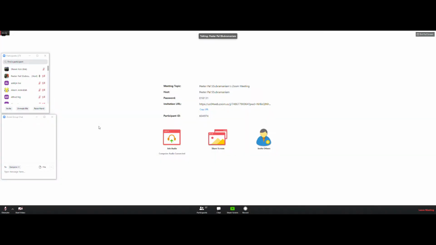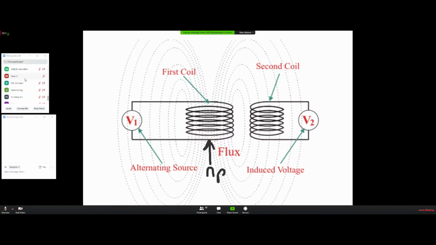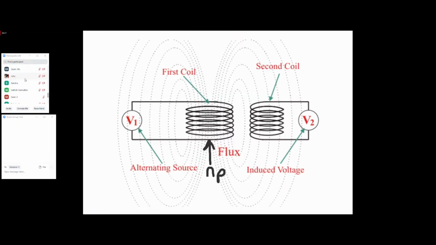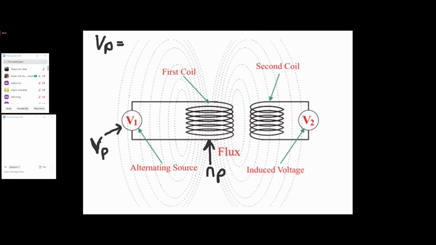Okay, you see here. When we use a transformer, there is a primary coil, with a number of turns in the primary coil. There's a primary voltage, which can be called the input voltage.